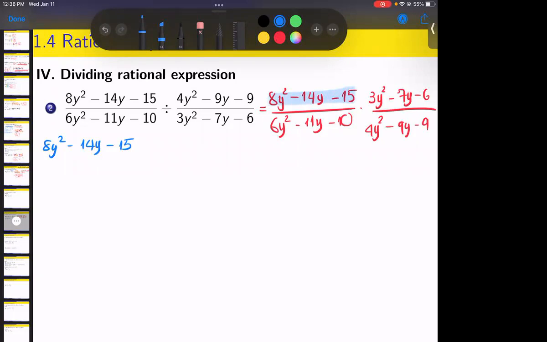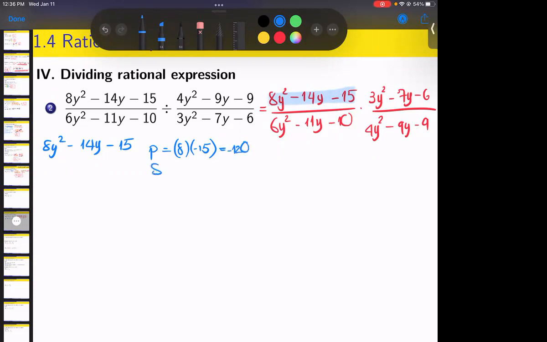Do you remember the AC method? So what should I do first? Very good. I want to find the product: 8 times negative 15, what does it equal? Negative 120.